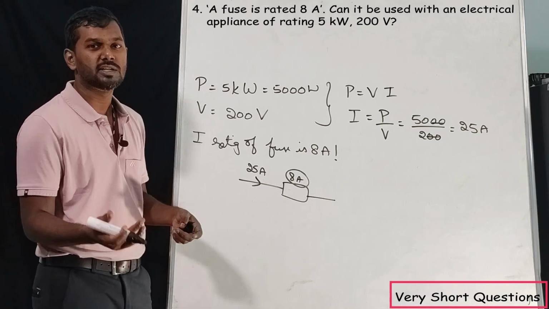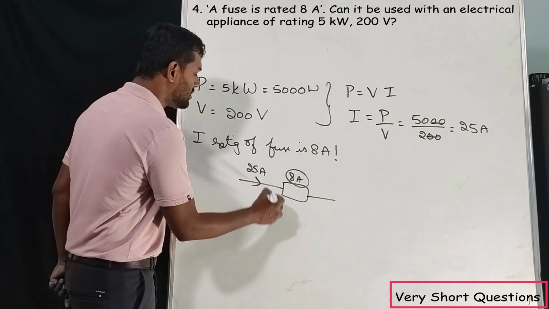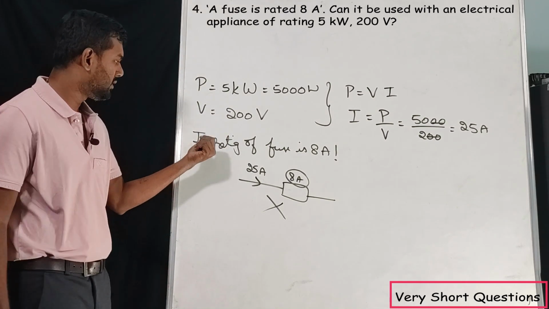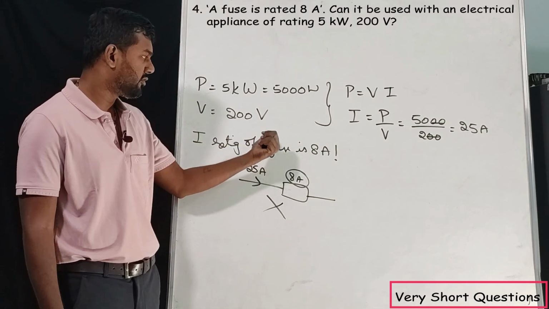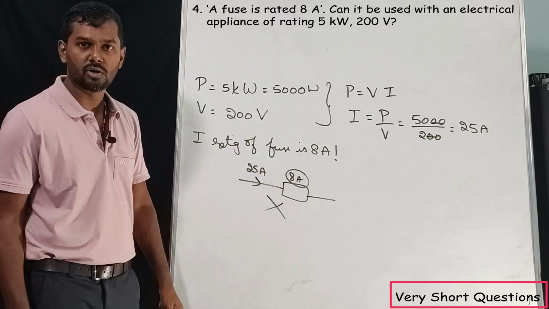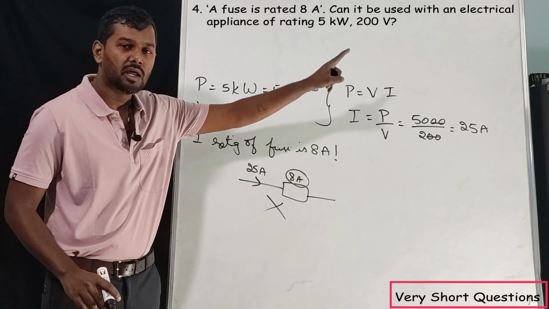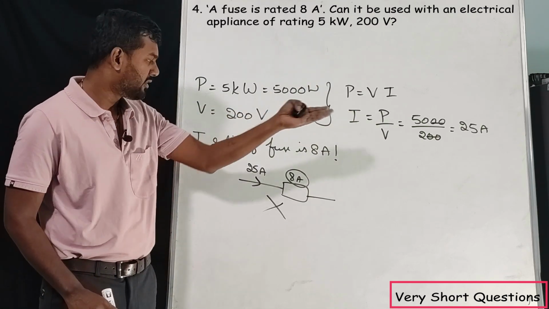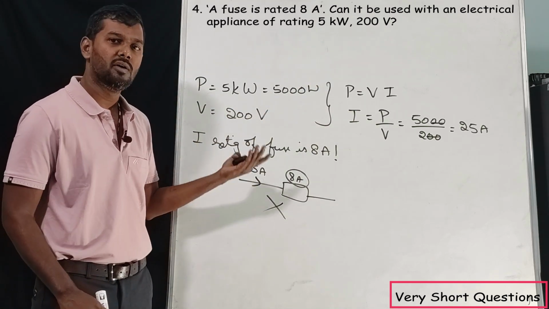You would have to keep on changing it, and that is not at all possible. So the answer for this question is, we cannot connect the 8 ampere fuse in this circuit. Now you know the reason, because the current flowing in the circuit is 25 amperes, and it will always melt the fuse.